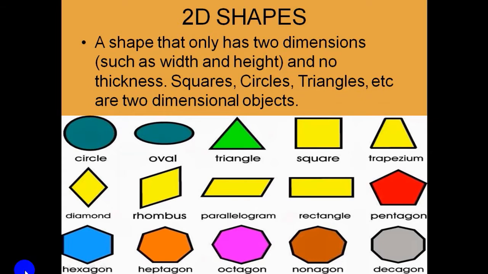So first of all, I would like to tell you about the 2D shapes geometrical figures. You see over here in this slide, a shape that only has two dimensions is called 2D shapes. A geometrical shape that only has two dimensions such as width and height is called 2D geometrical shapes.